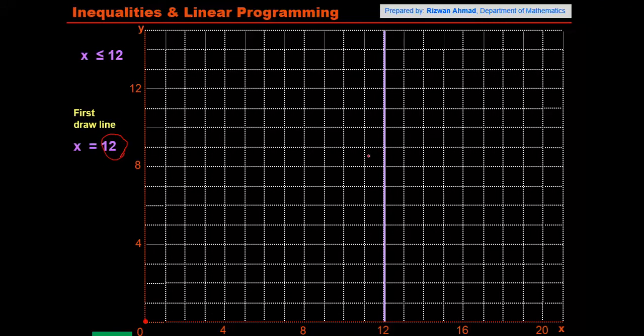So this is the line. Since in the inequality we have equal sign as well, it means it will be a dark line. And less than 12 means the points which are on the left side of this line are less than 12 and the points on the right side of that are greater than 12. So this region is the wanted region and this region is the unwanted region.